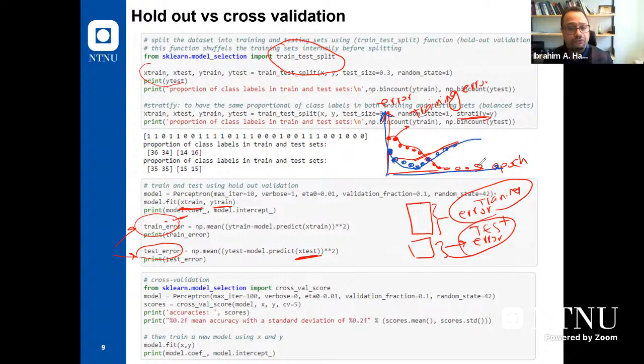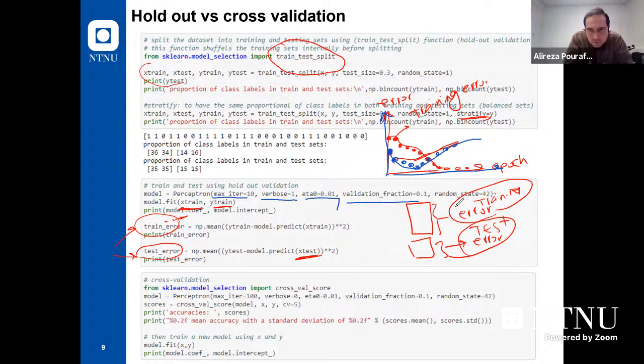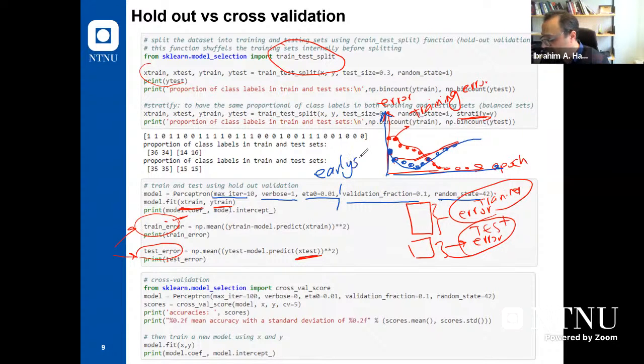But if you want to use early stopping, when you select your model here, do you see those parameters? Maximum number of iterations, verbose, eta, validation fraction, random state. We have here also something called early stopping. Early stopping equal 1, for example. When early stopping equals 1, it means it's activated. And it means when the model starts to overfit, it will stop the training process.